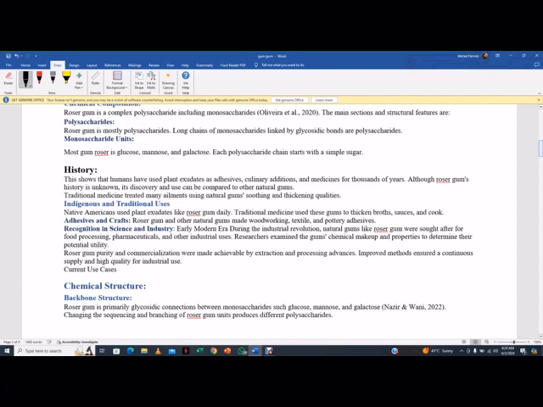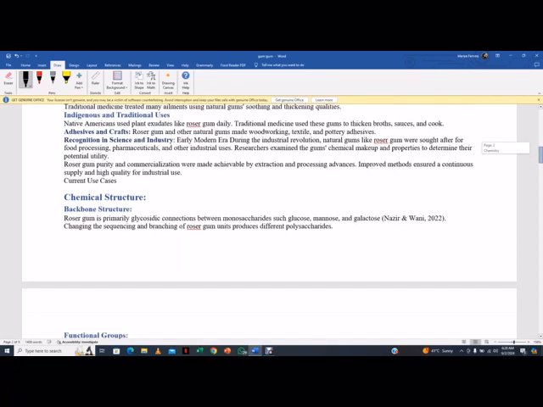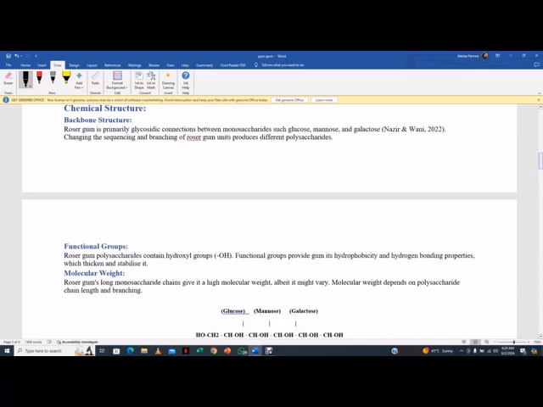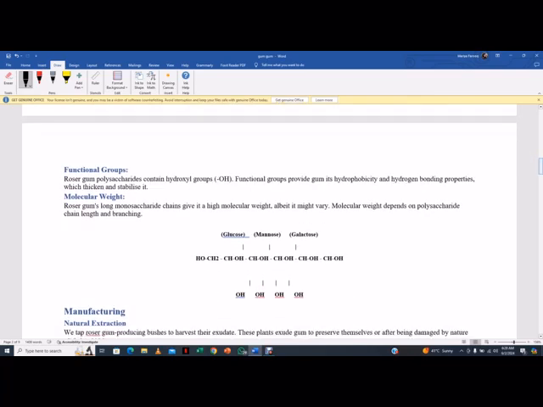Next, I'm going to tell you about the chemistry of gum rosin, or the chemical structure of gum rosin. As I already told you, gum rosin is a complex polysaccharide composed of multiple monosaccharide units. Talking about the functional groups, gum rosin has several hydroxyl groups which contribute to its solubility and ability to form hydrogen bonds, which give its thickening and stabilizing property.